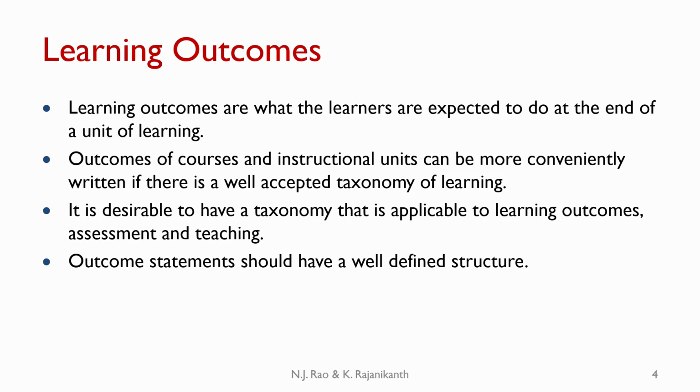That is what we are calling as learning outcome. Outcomes of course and instructional units can be more conveniently written if there is a well accepted taxonomy of learning. It is desirable to have a taxonomy that is applicable to learning outcomes, assessment and teaching.